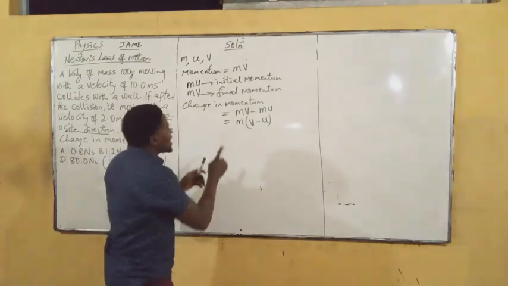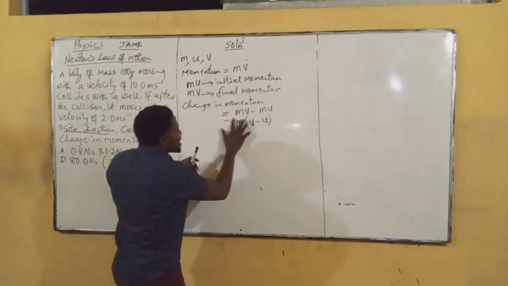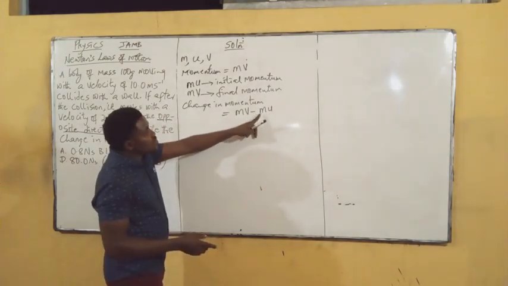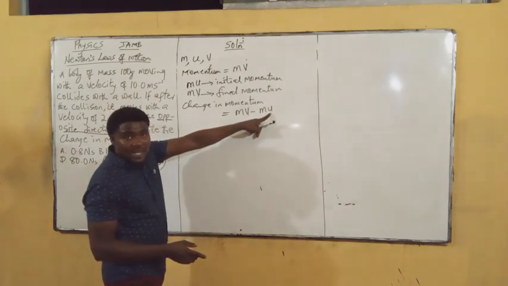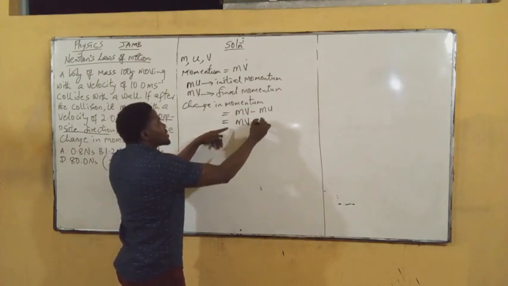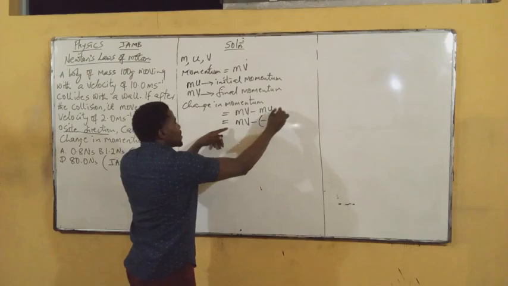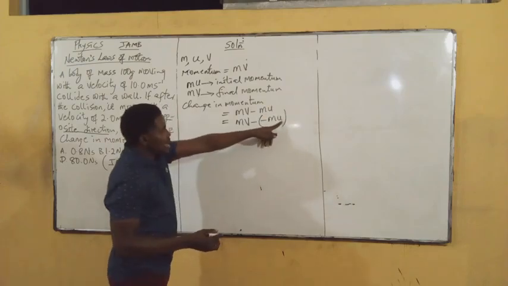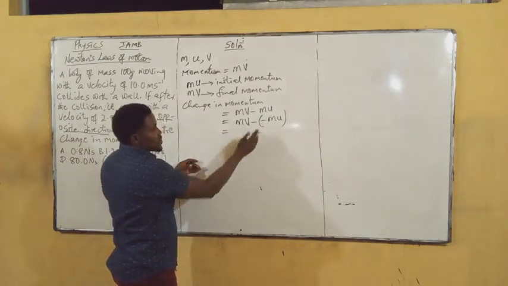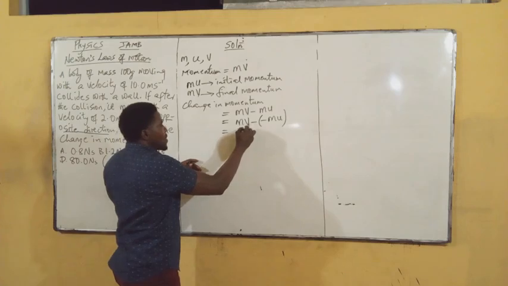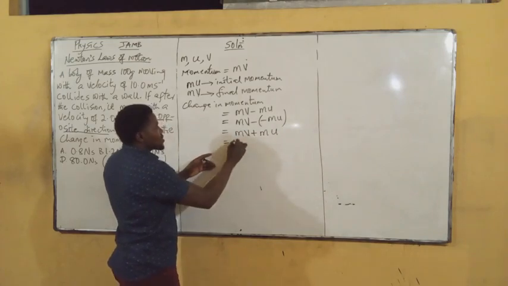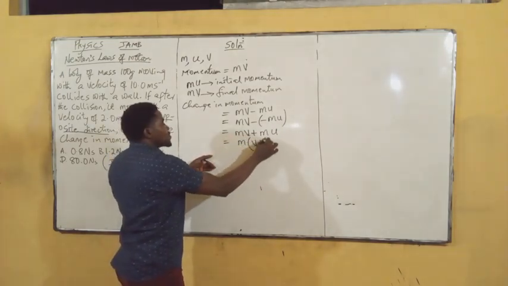So this simply means that the momentum of the body after collision is opposite, and I'm going to have the change in momentum as mv minus mu, where the momentum after collision is in the opposite direction. When minus multiplies minus, I'm going to have plus, so this will give me v minus is plus mu. Then factoring out m, we have m(v plus u).